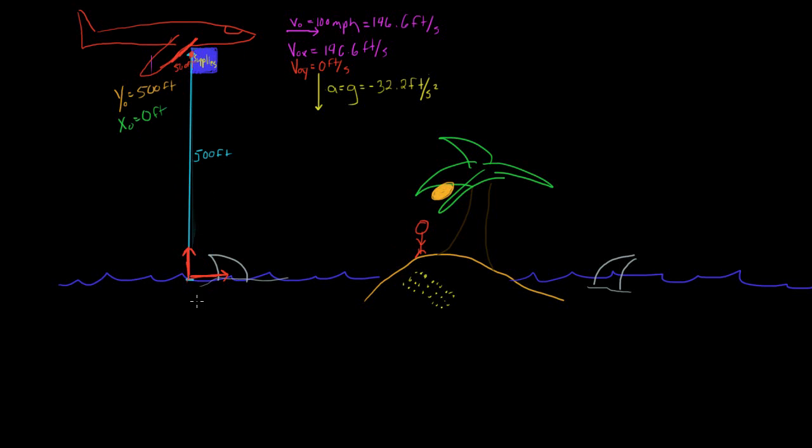So how do we find the distance that we have to drop this crate before we reach the island? So this distance right here, so the supplies fall on the island and not the water. Well, first we have to figure out the amount of time that the supply crate will be in the air. And if we look at all our equations, we realize that we should look at our vertical components of this problem first.